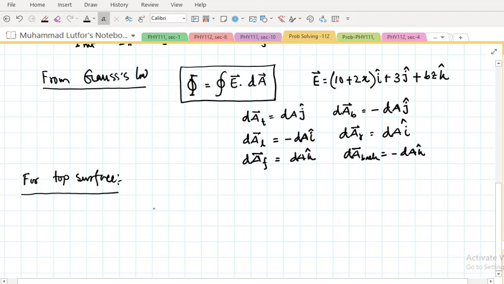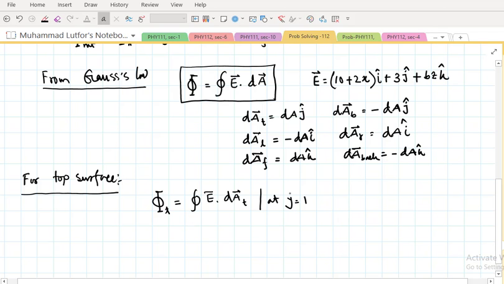Fine. For the top surface, I can write the flux, I'll write phi t, would be the closed integral of E dot dA top, provided at y equal to 1, right?